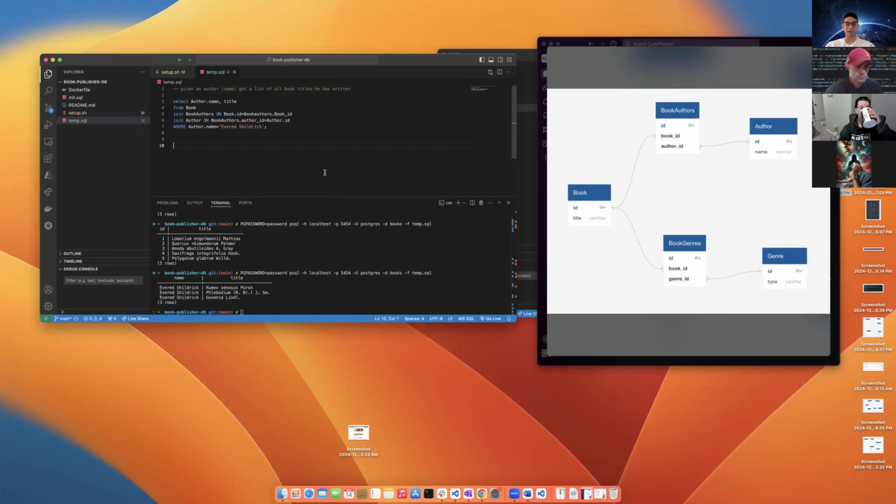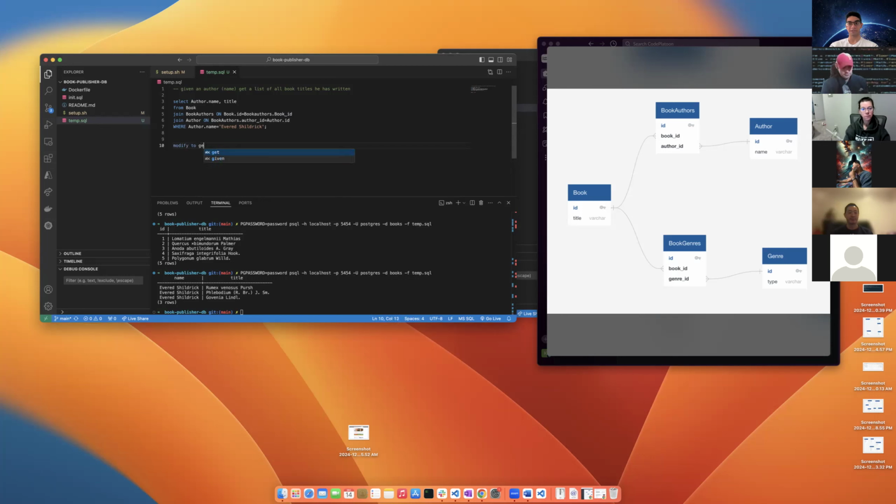All right, Gizem, what I would like you to do is work with Kim to modify the query. So now you're not just getting the book titles, but you're also getting the genre of every book that Everett Shildrick has written as well. Okay.